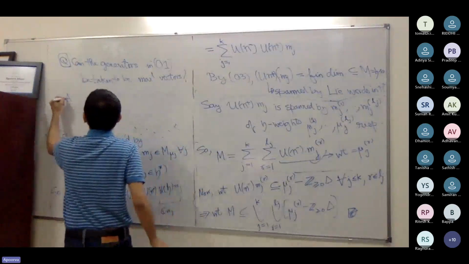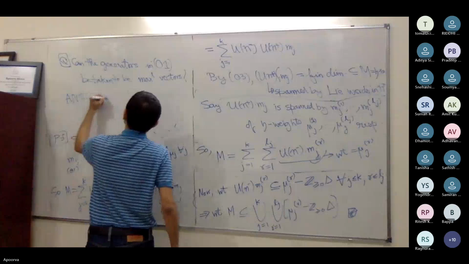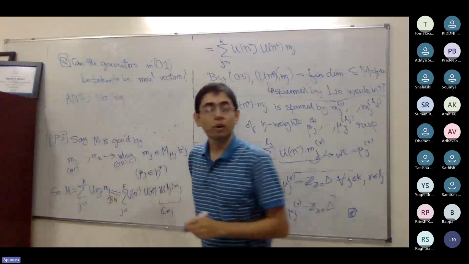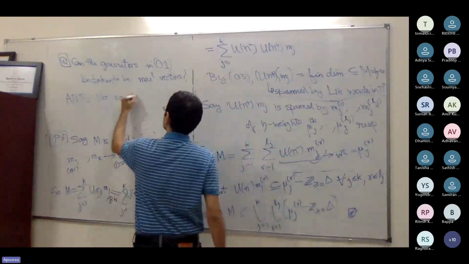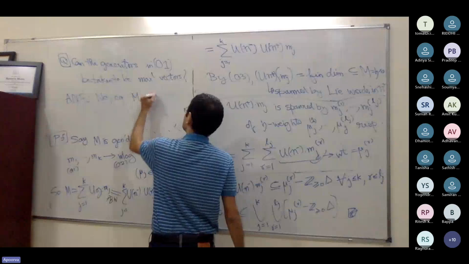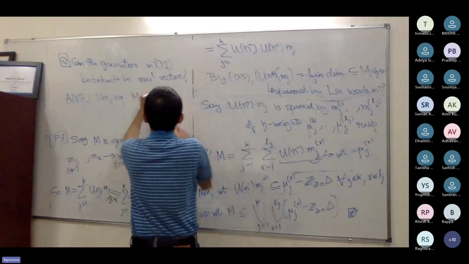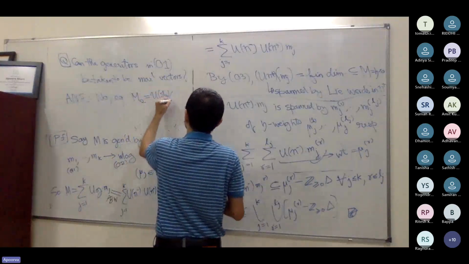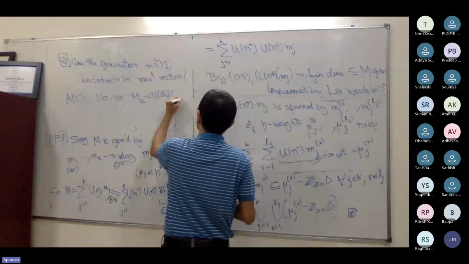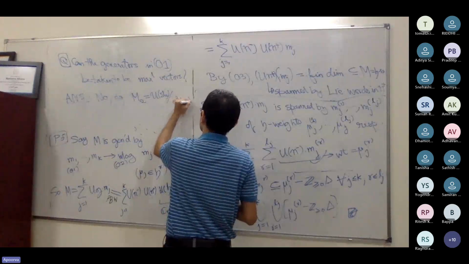Right? And the answer is no. For example, the modules we already just looked at: M2, which is UG, USL, even for SL2, mod E square and H minus lambda.